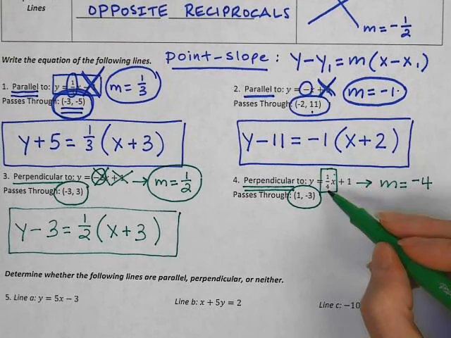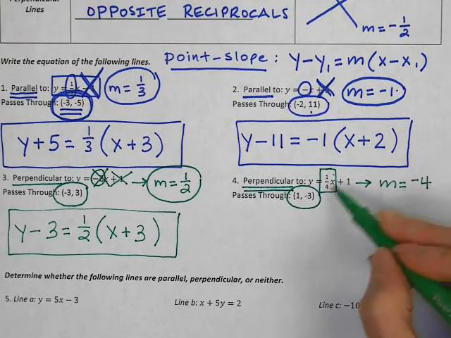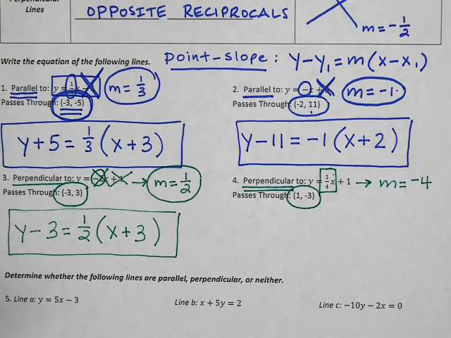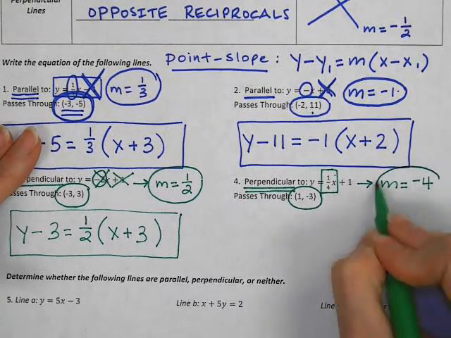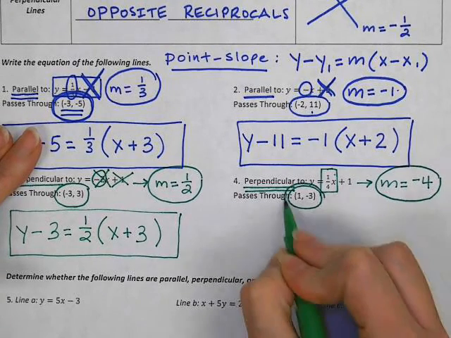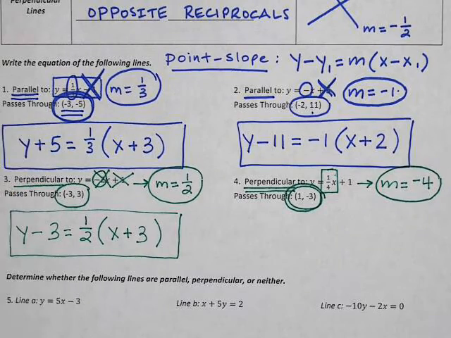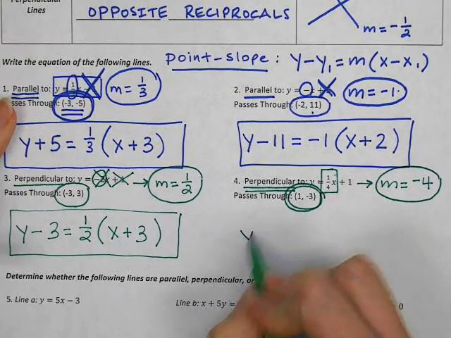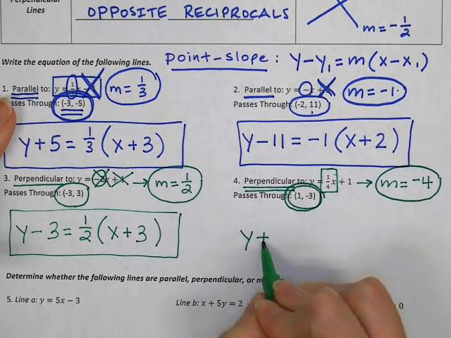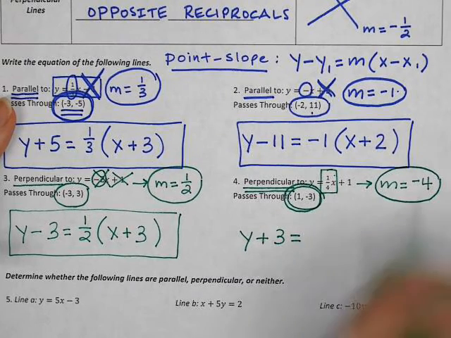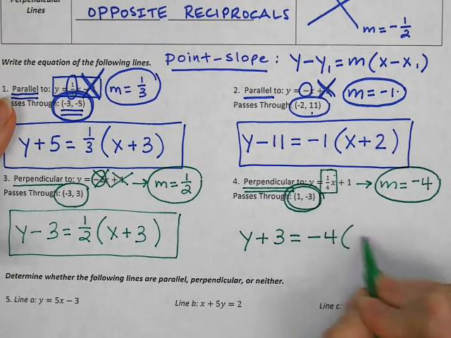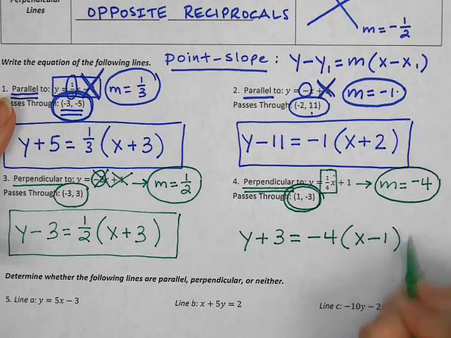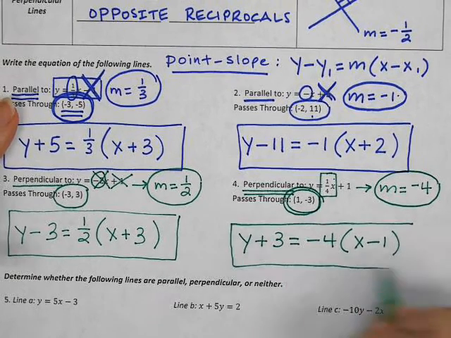Does everybody see how that's the opposite reciprocal? All right, we're good to go. We have our new slope, we have our point, and we're going to use point slope form. So y minus a -3 is y plus 3. Slope is -4, and then x minus 1. And you can leave your answer like that.